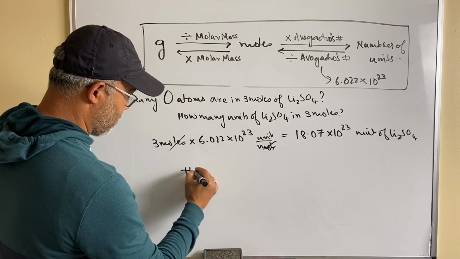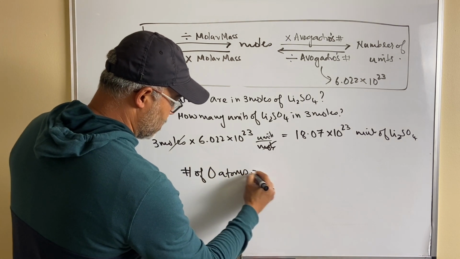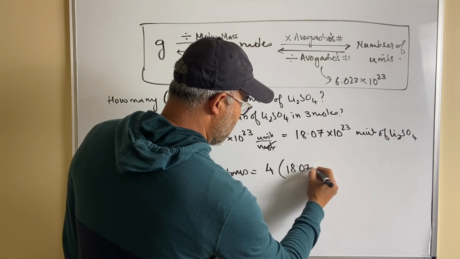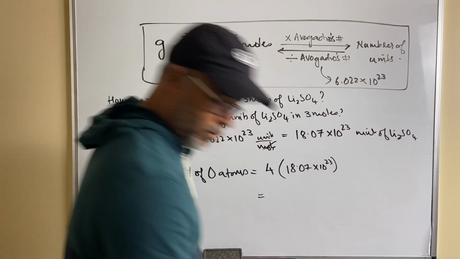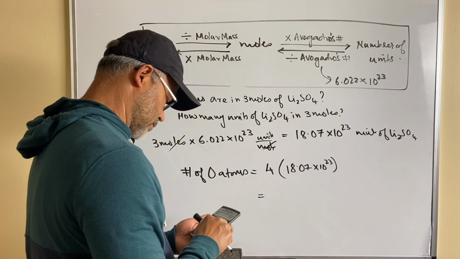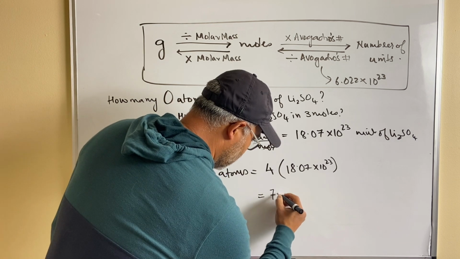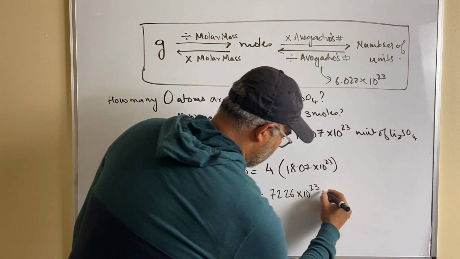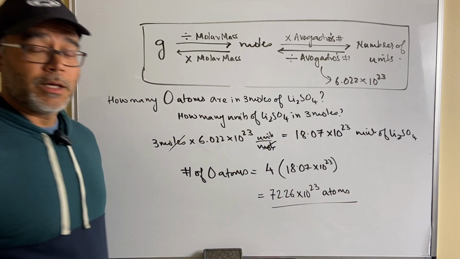So number of oxygen atoms is equal to 4 times 18.07 times 10 to the 23, which is equal to 72.26 times 10 to the 23 atoms. There you have it.